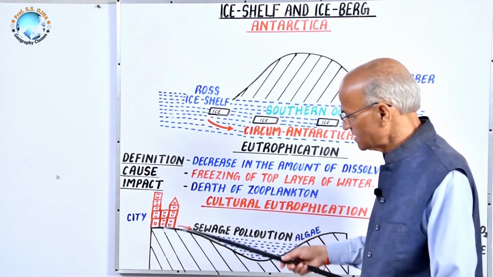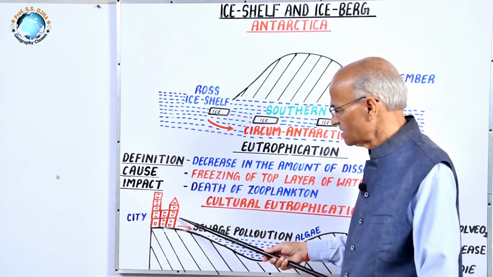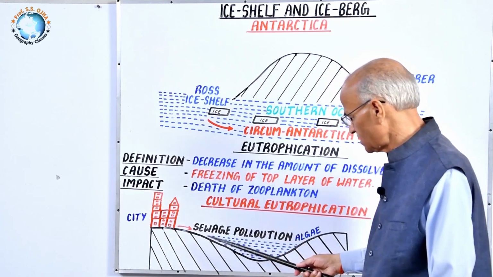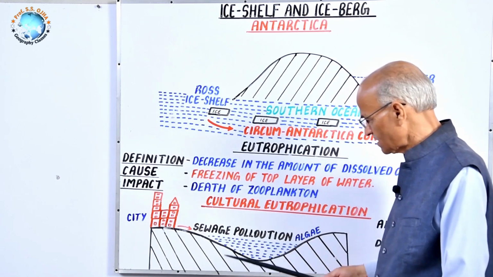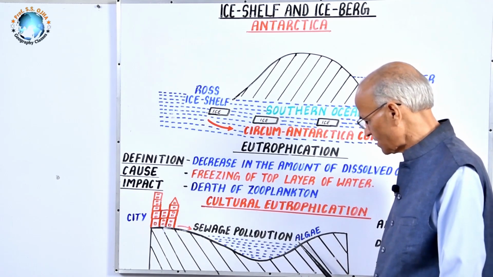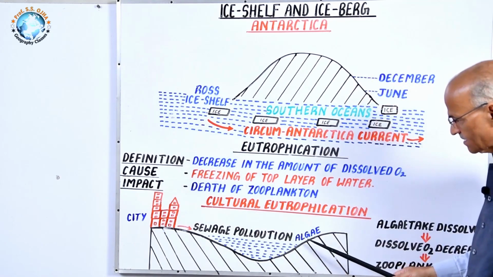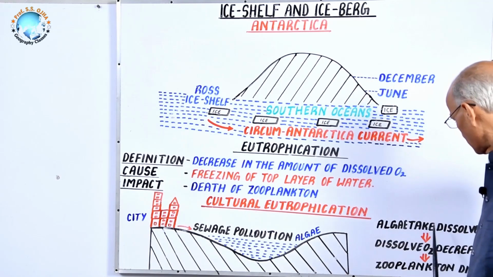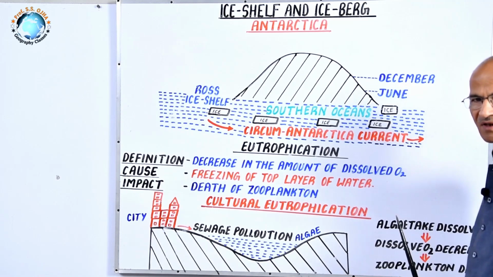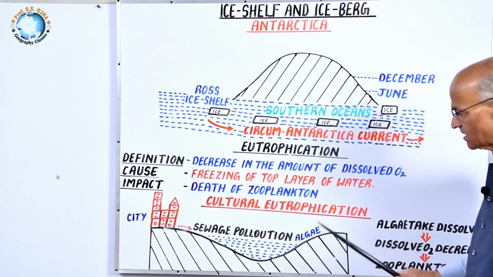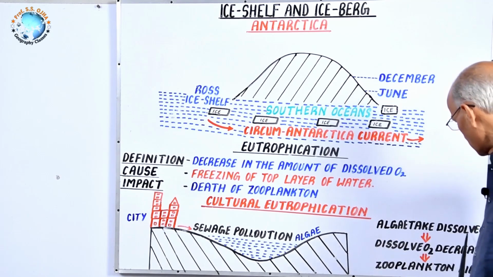Certainly, the city will discharge some polluted material, sewage, and other types of pollutants. When the sewage or industrial pollution reaches the water, some algae are found there, and that pollution is absorbed by the algae, and those algae are habituated to absorb dissolved oxygen. Although algae release oxygen, some plants and some algae take atmospheric and oceanic dissolved oxygen.